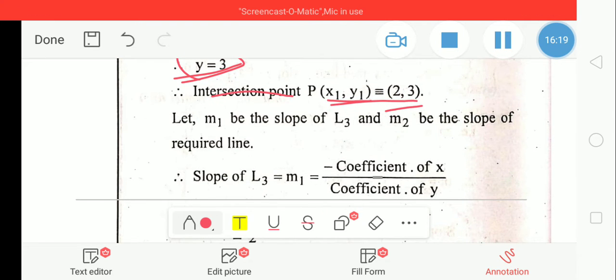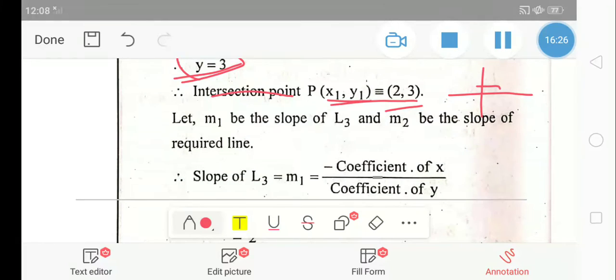Now we know that one line is perpendicular to the required line. Let m1 be the slope of line L3 and m2 be the slope of the required line.